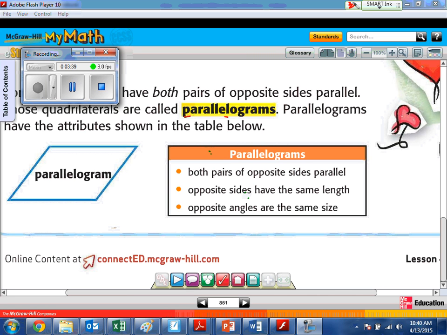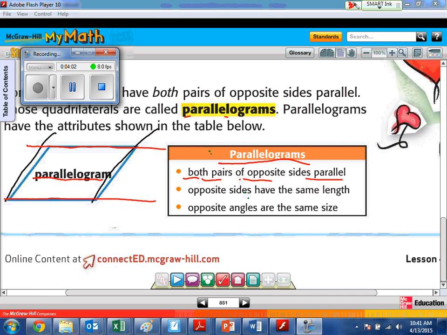Alright, so check it out. Here's our parallelogram. And in a parallelogram, according to this table, both pairs of opposite sides are parallel. So what does that mean? If I take my opposite and my opposite, that means that these two are never going to cross each other. They are parallel. And I take this opposite and this opposite, that means they're never going to cross each other.